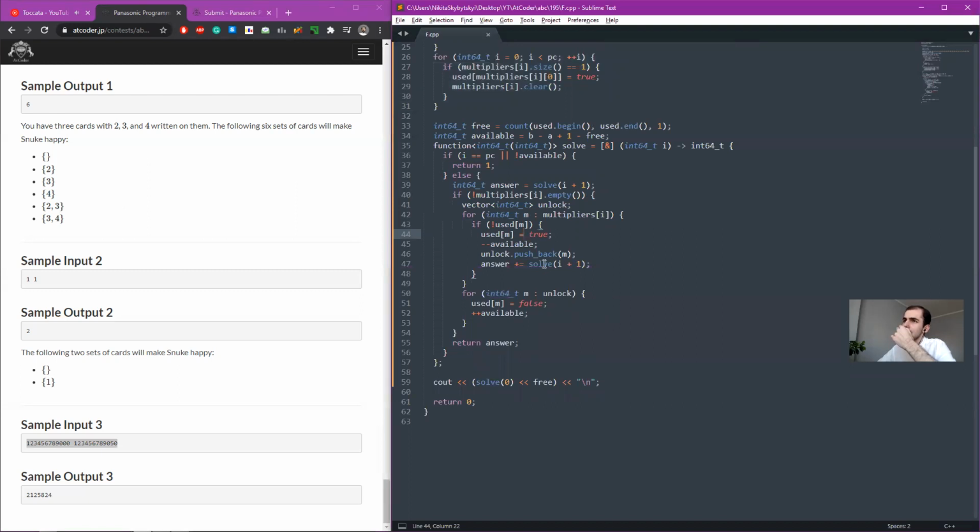Yeah, no, the idea is that when we go to the next step, the changes made here should disappear. Actually, didn't matter.